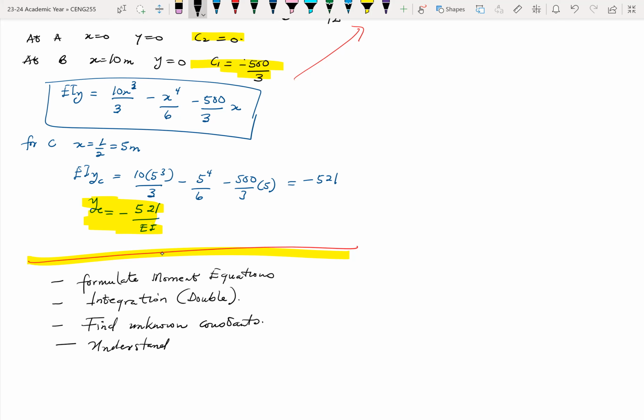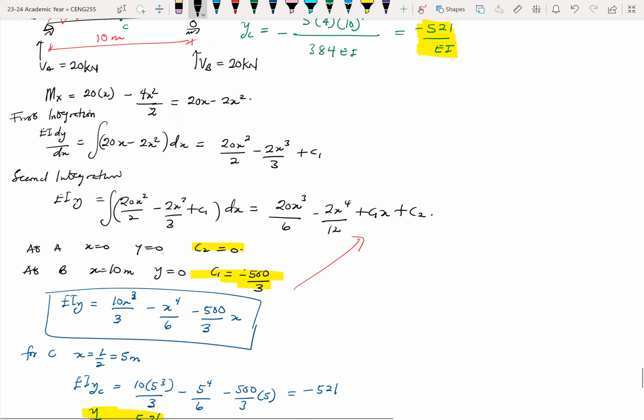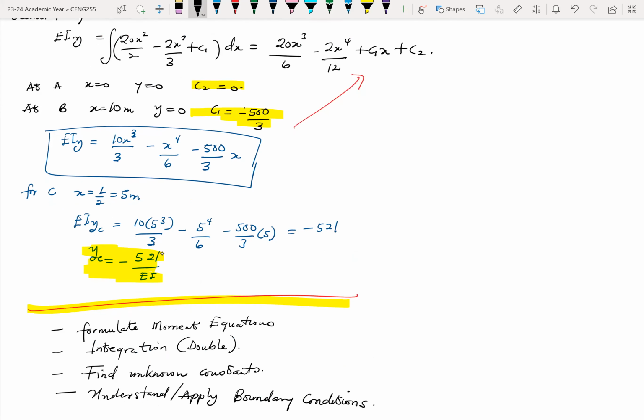So understand and then apply boundary conditions. Okay. So this is what we need when we are looking at the double integration method.